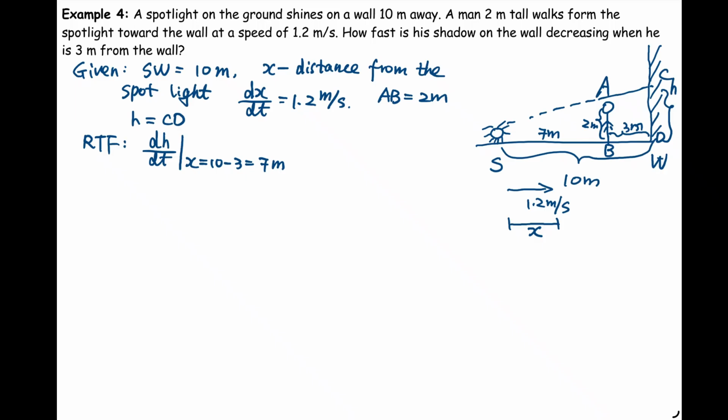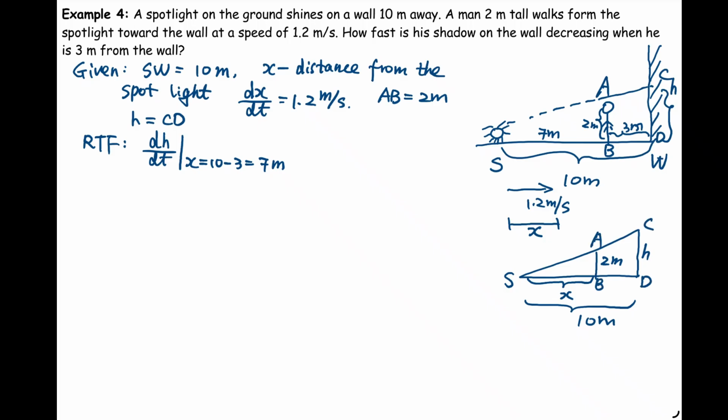x and h, you will see you have similar triangles. So this is 2 meters, which won't change. This is h, this is x, and this is 10. So you have S, B, A, and C, D. So triangle SAB is similar to triangle SCD.